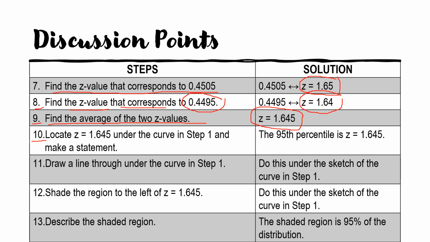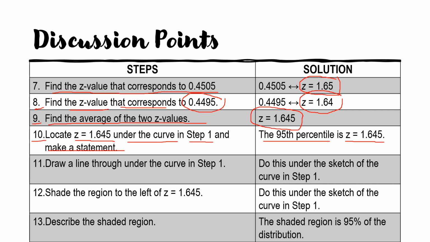For number 10, locate your z equal to 1.645 under the curve in step number 1 and make a statement. Since your z is equal to 1.645, a positive value, this z-score will fall at the positive side, or at the right side of your mean. So the 95th percentile is equal to z equal to 1.645.